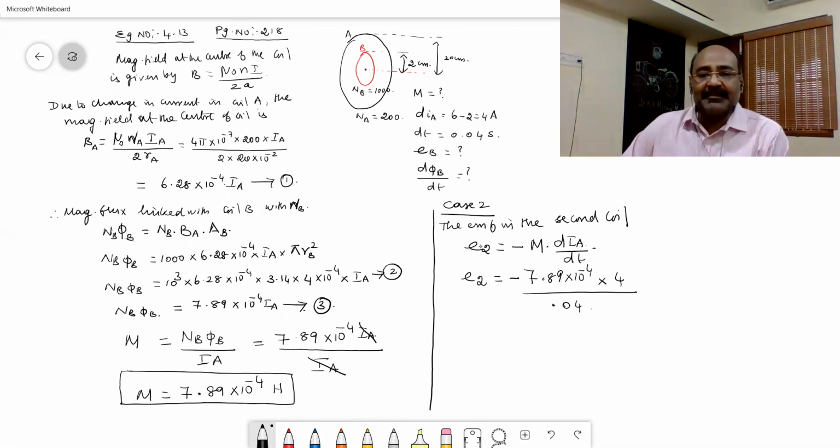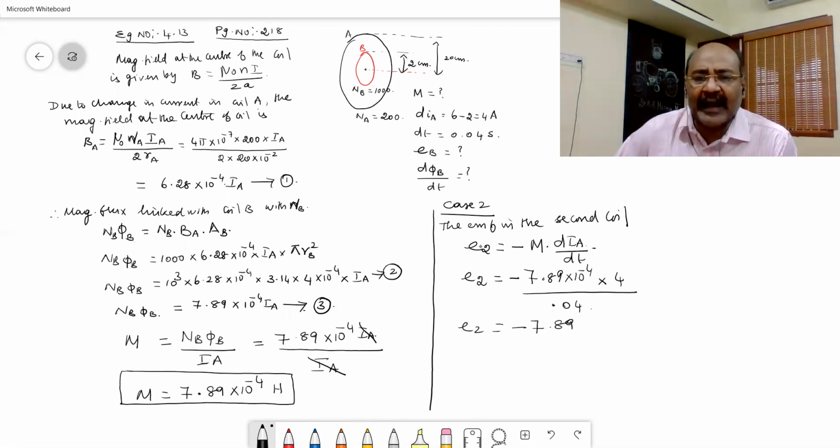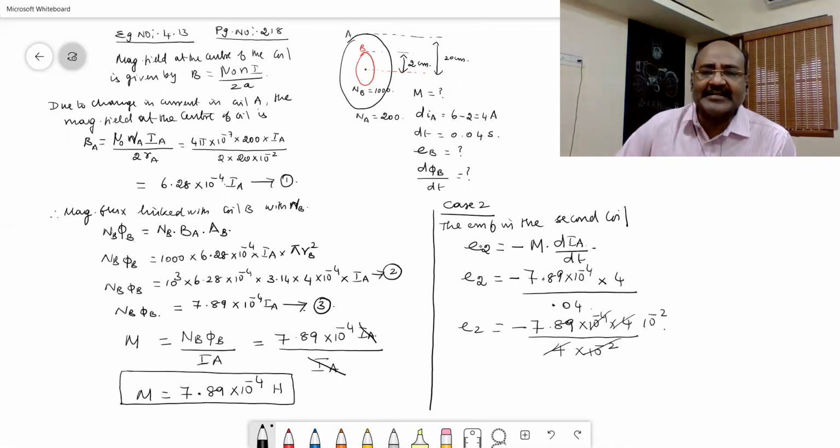When simplifying, E2 equal to minus of 7.89 into 10 power minus 4 into 4 divided by 0.04, which can be written as 4 into 10 power minus 2. So these two will get cancelled and these two will get cancelled. The resultant is 7.89 into 10 to the power of minus 2. Am I correct?